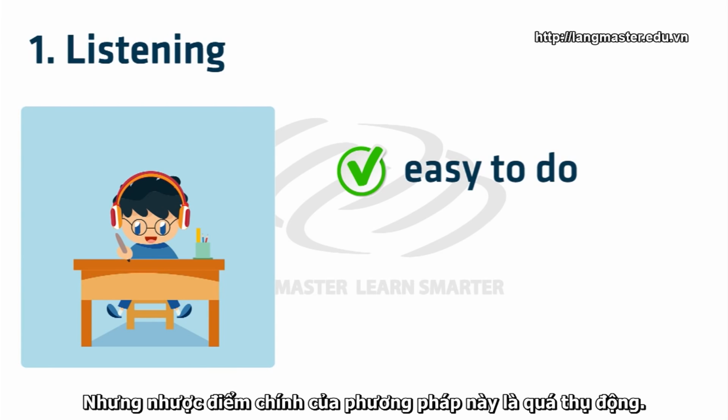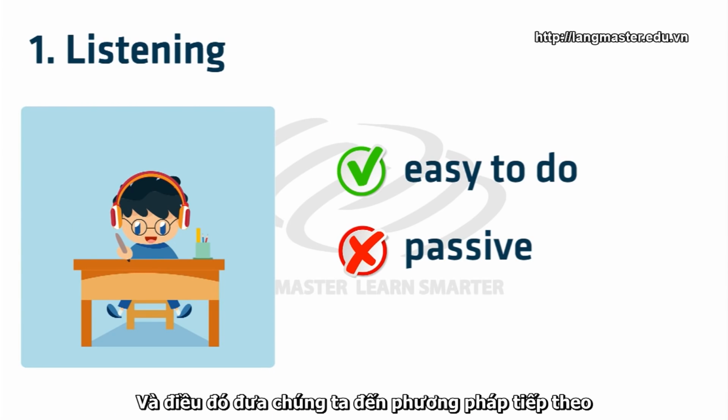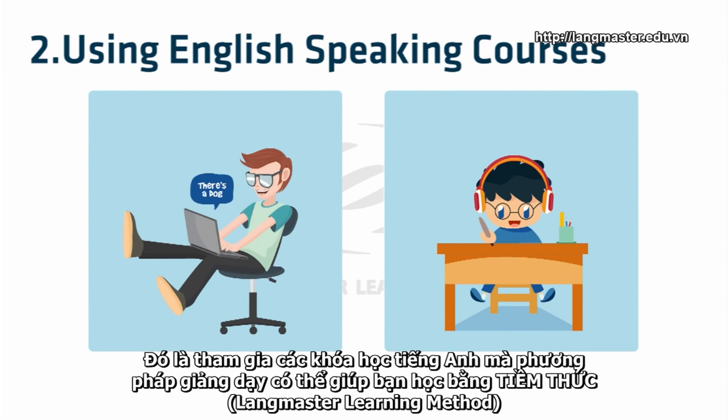But the main drawback of this method is that it's too passive. Listening alone is just not enough. You have to combine listening with some sort of speaking practice. And that brings us to the next method, which is to use English speaking courses that teach English implicitly.